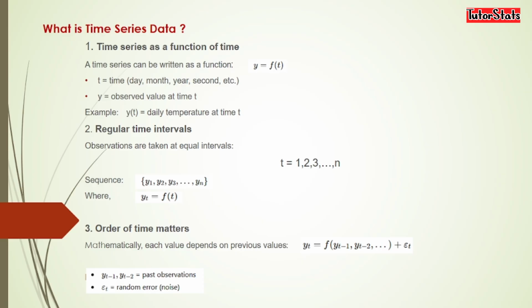Because of these dependencies, we cannot shuffle time series data randomly like normal data. So to summarize this slide, time series data is data collected over time. Data is recorded at regular time intervals, and most importantly, the order of time matters. If time matters, it is time series data.